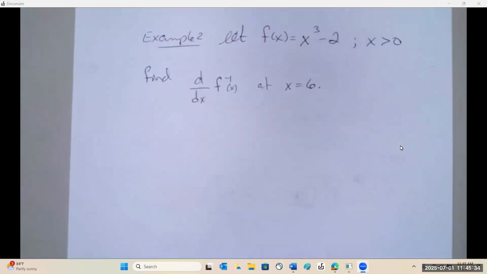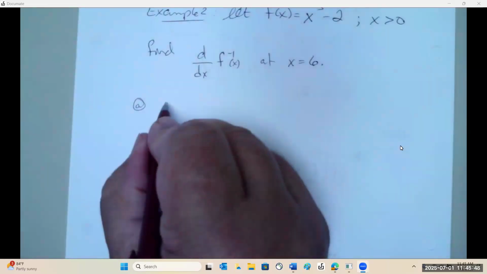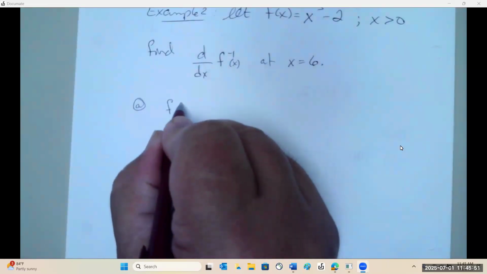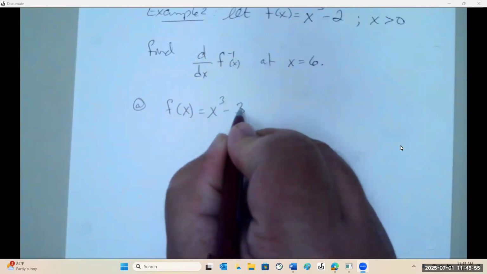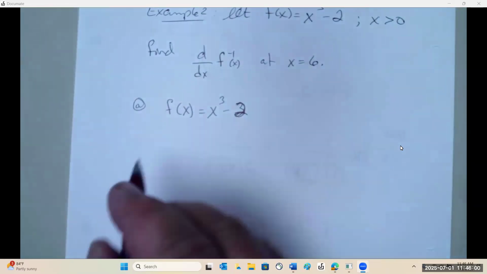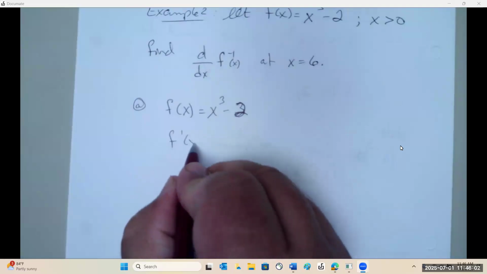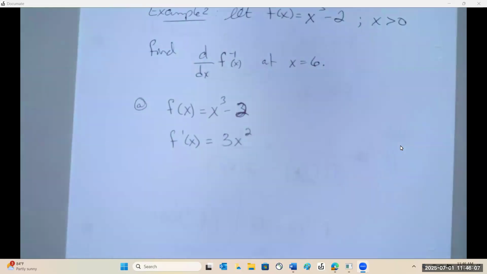So what would be our first way, without deriving or using the formula we just learned? With the basic definition. We know f of x is x cubed minus 2. What's the first derivative? 3x squared.